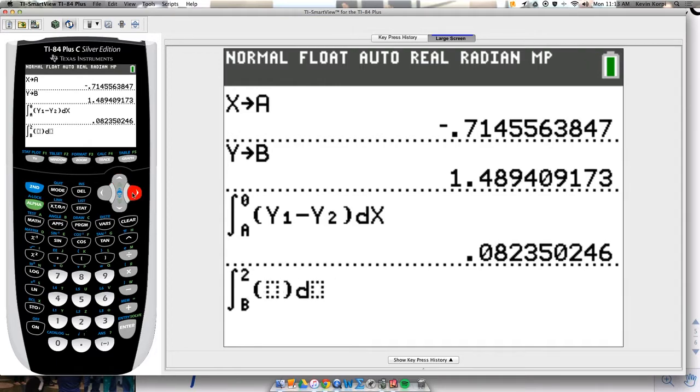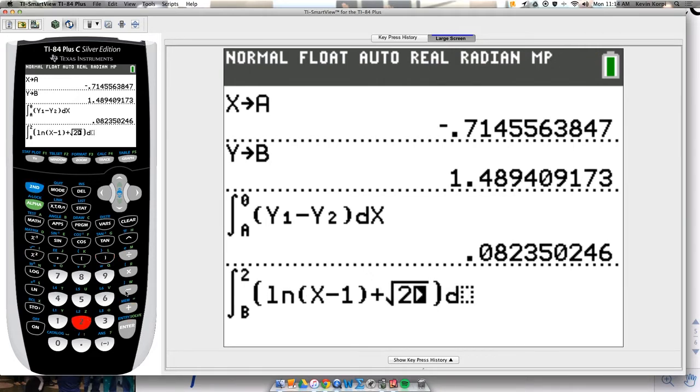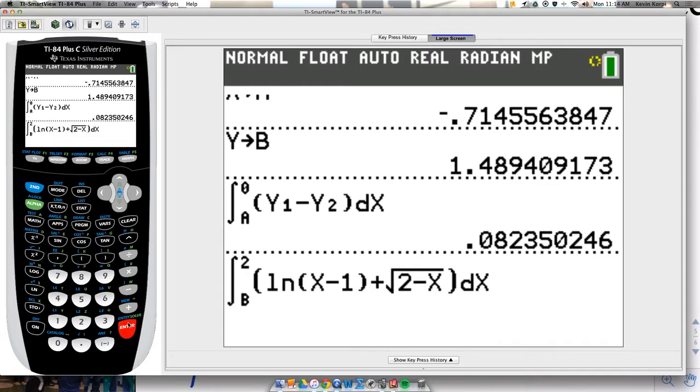And even though they're y's on our paper, we still type them in as x's on our calculator. So we got the natural log of x minus 1 plus the square root of 2 minus x with respect to x. And with any luck, we should get the exact same answer.